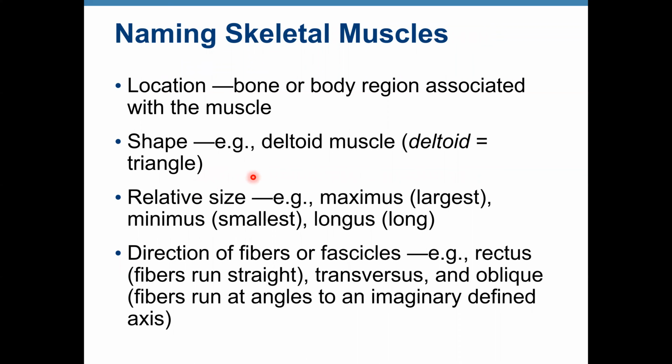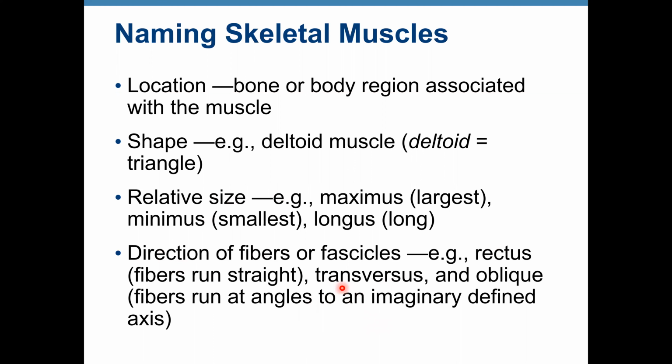We can use relative size: maximus, minimus, longus, brevis, like gluteus maximus, gluteus minimus. We can also use direction of fibers or fascicles. Rectus means straight, transversus, like transversus abdominis.